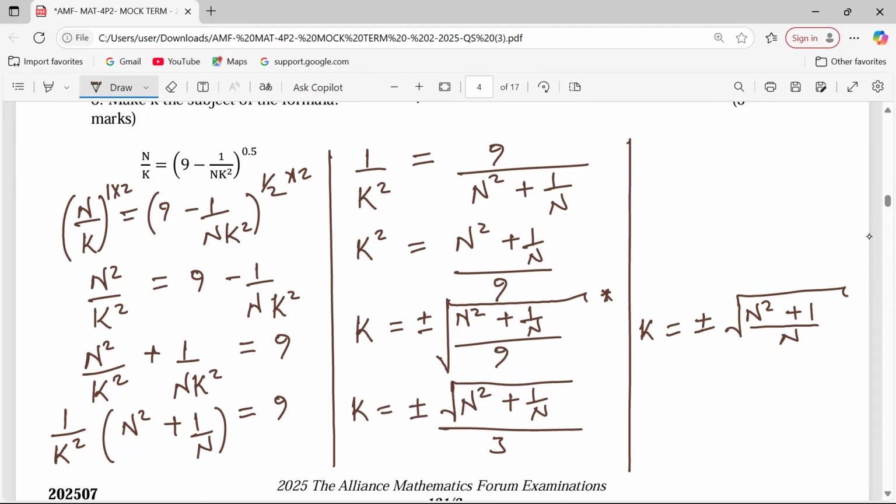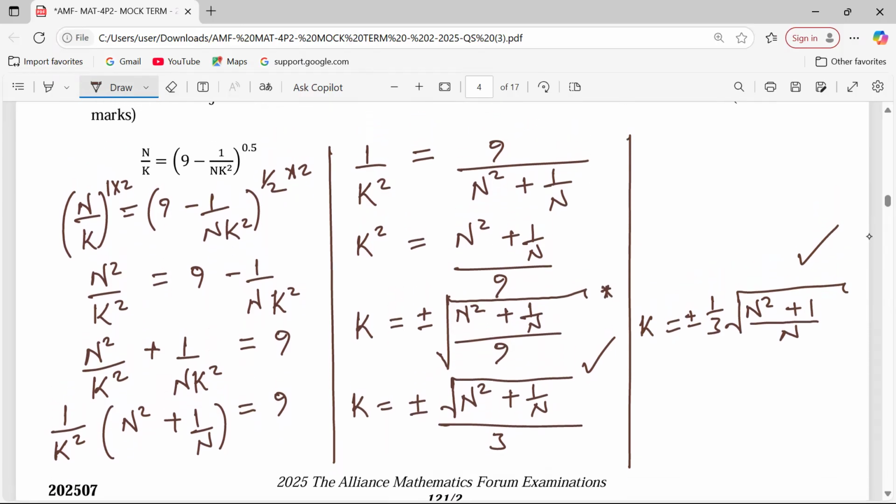And we are dividing everything by 3, which means multiplying by a third. So we can have a third coming at that point. So these are all stages of the answer. And that is how you're supposed to work it out.